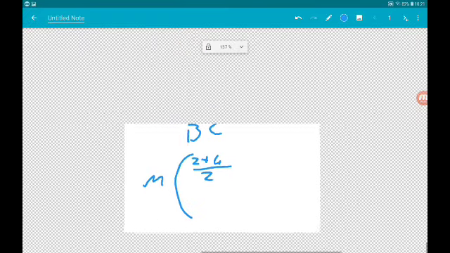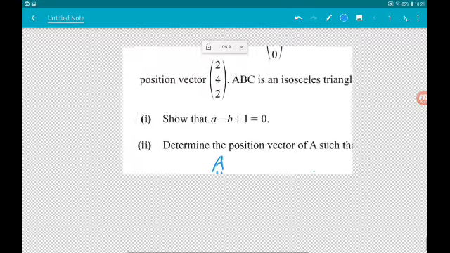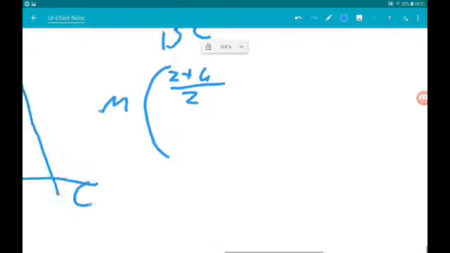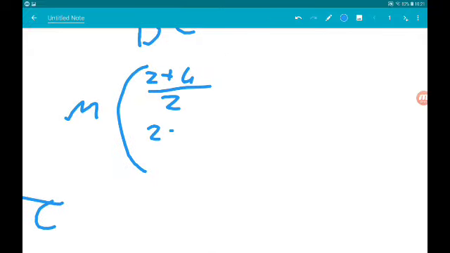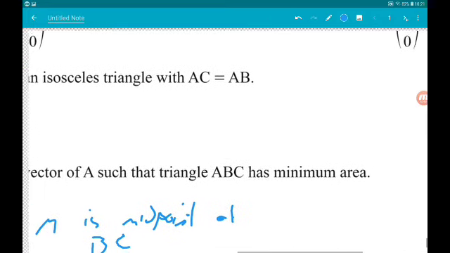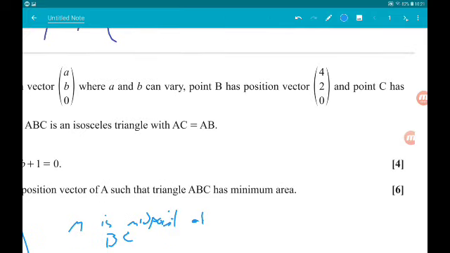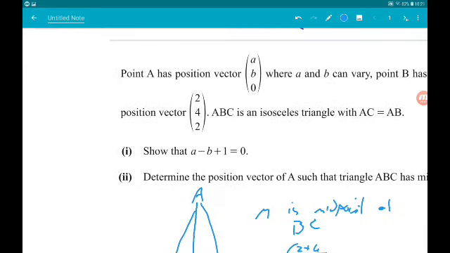And the y coordinate is 2 add 4 over 2. And then the z coordinate is 0 add 2 over 2.